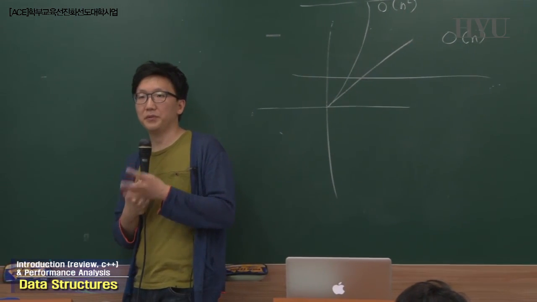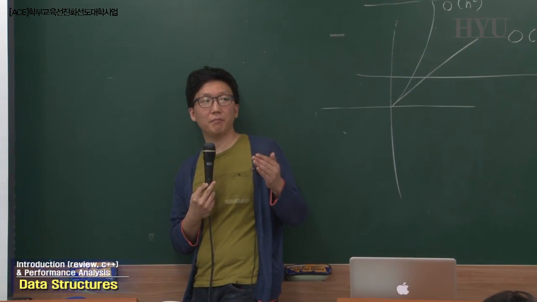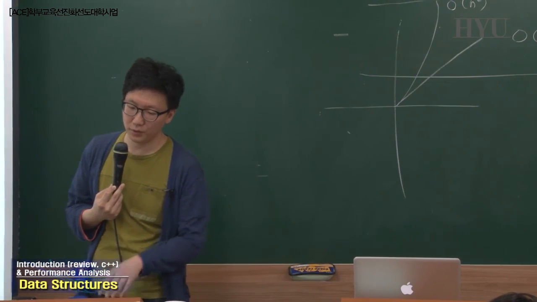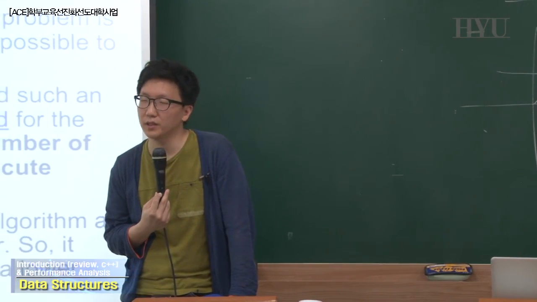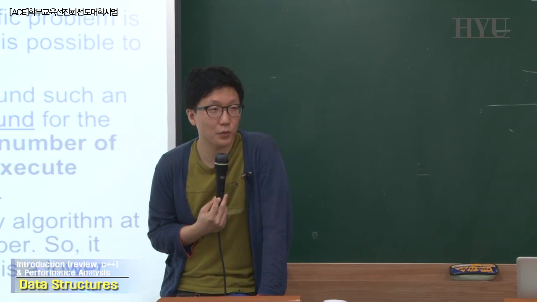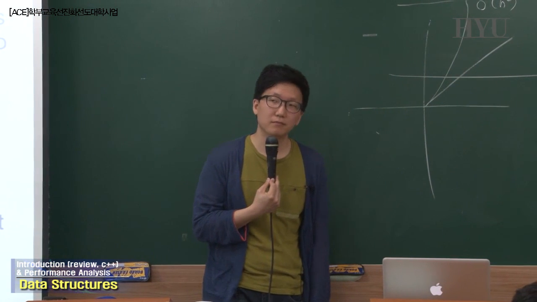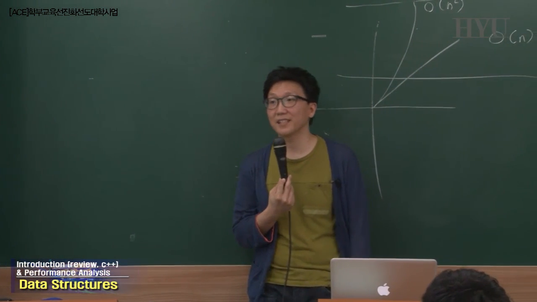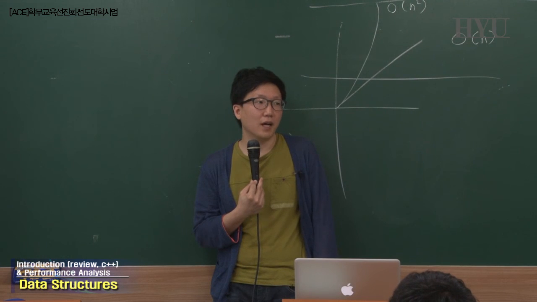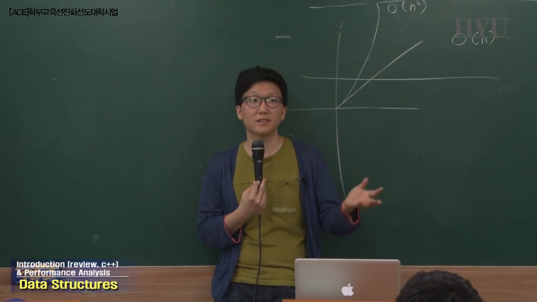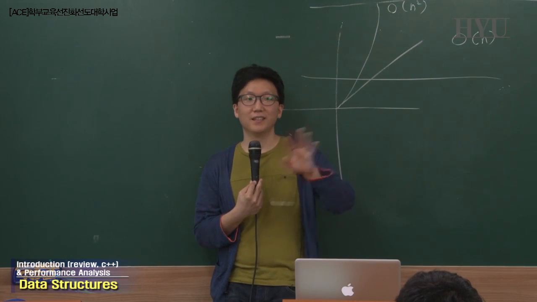We theoretically prove that certain algorithms cannot go below certain boundaries. For example, I think the lower bound for sorting is n log n, or n squared, I forgot, n squared. So you cannot design an algorithm that is less than that. So if someone claims they can come up with a sorting algorithm of order constant, you can say no, that's not possible.